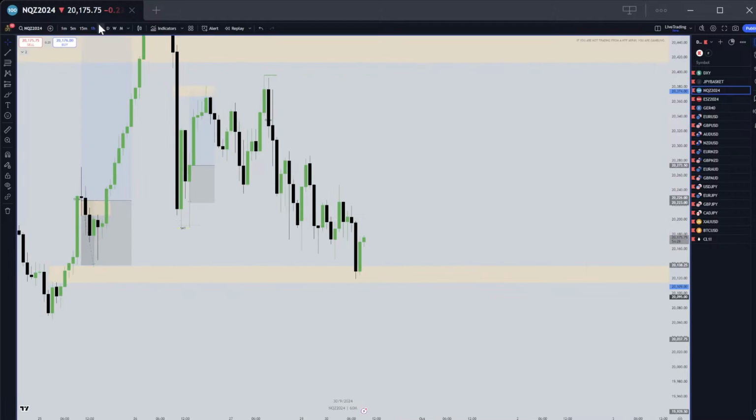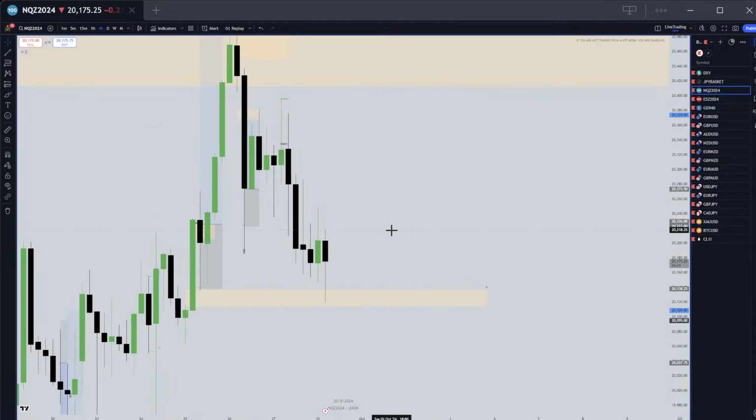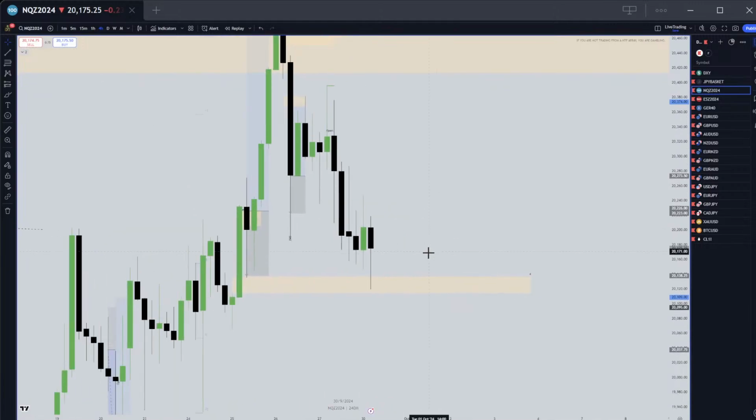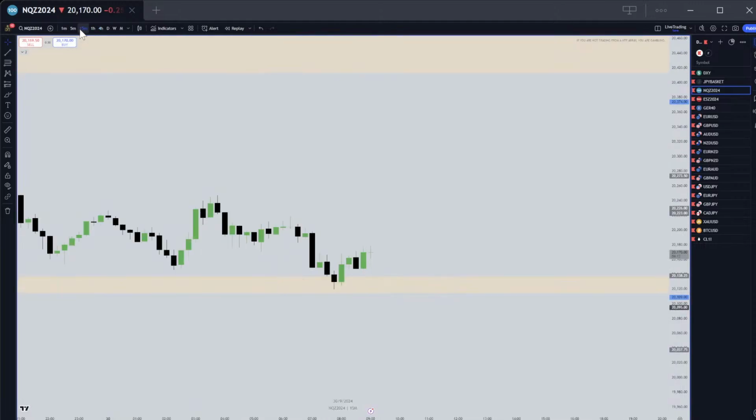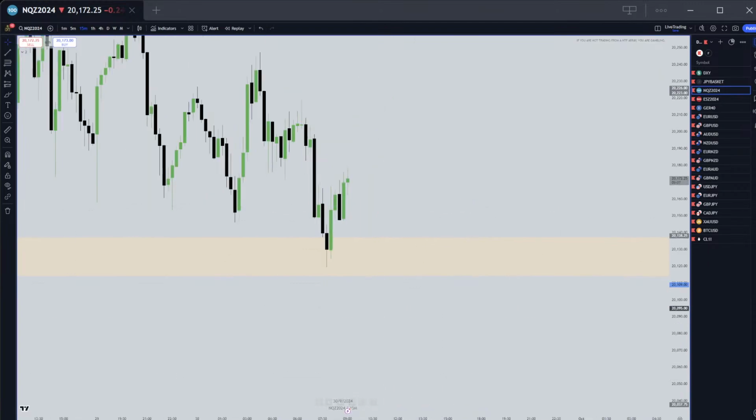So for Nasdaq, I think we're gonna have a nice little game today. Look at how the current 4-hour candle is respecting the 4-hour busy. And then after that, we create this reveal gap here on the 15 minutes.